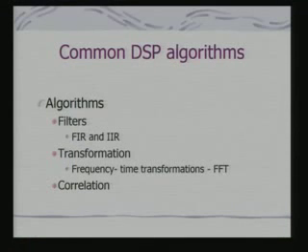Common DSP algorithms are filters, because we would like to remove noise. That is one of the objectives. Another objective is to look at different components at different frequency bands. So filters are a very common application.